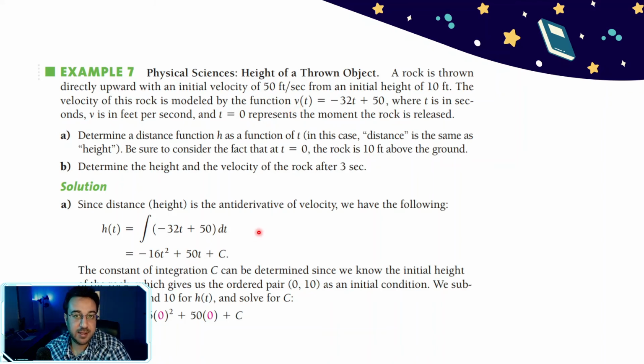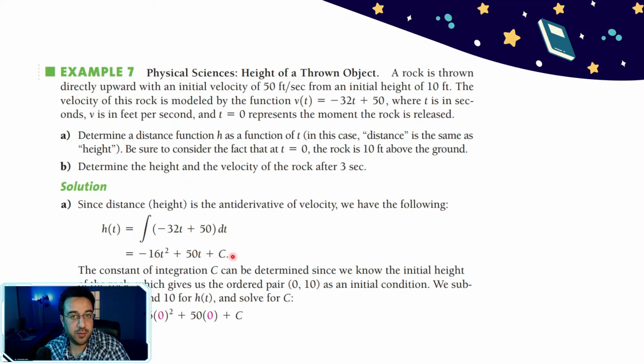So the height equals the integration of minus 32t plus 50 dt instead of dx, if you remember, because we're talking here in terms of time. Doing the integration, following back the integration table, would give you minus 16t squared plus 50t plus c.